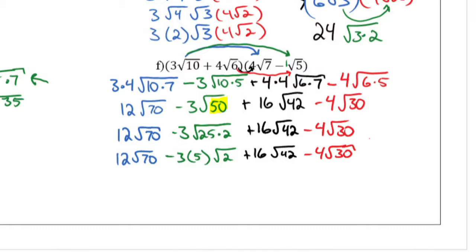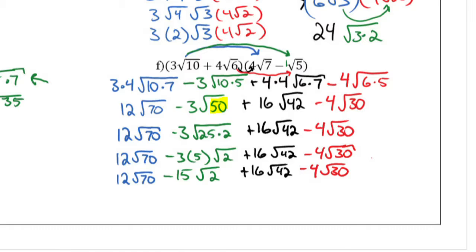And then I'm going to multiply the 3 and the 5 together. So everything in blue, black, and red, nothing's changing here at all. These are all as simple as they get. The 3 and 5 gives me 15. The 16 root 42 stays the same. Negative 4 root 30 stays the same.